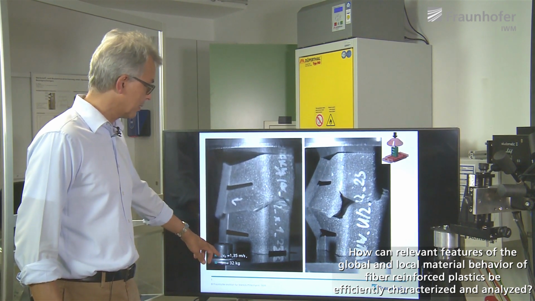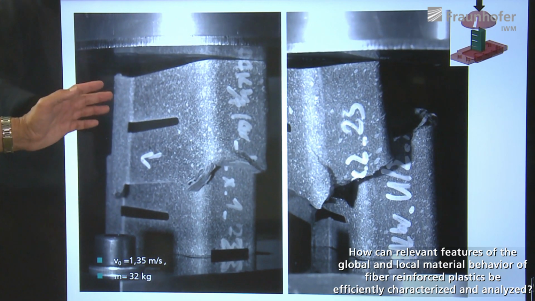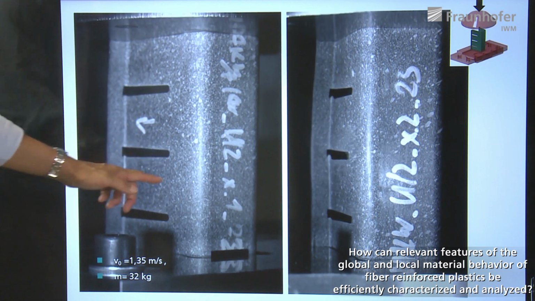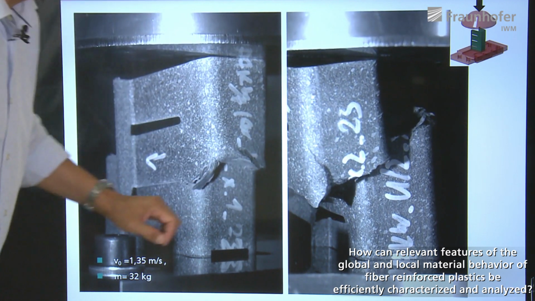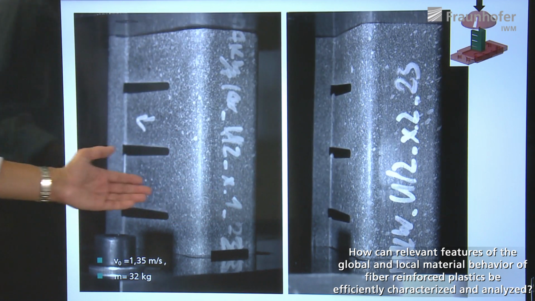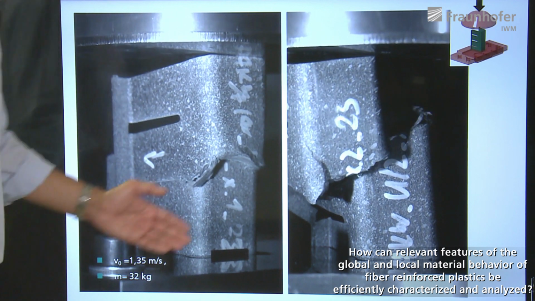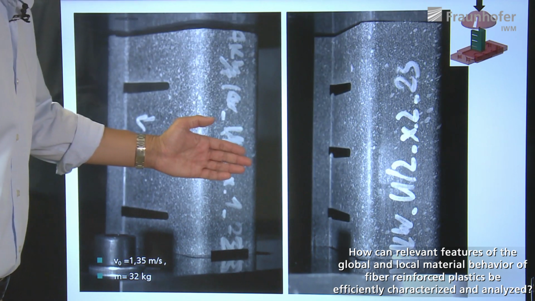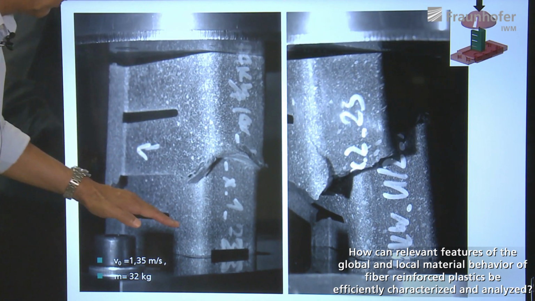In this case, the loading has a velocity of 1.35 meters per second, and the video gives us information about the global fracture behavior of the component, which is quite typical here because it's a little bit a mixture of the material behavior and deformation or fracture triggered by geometry.